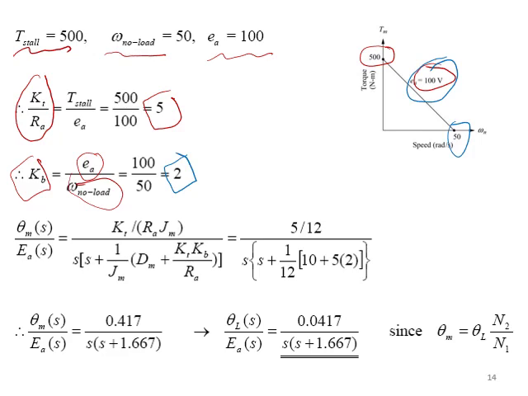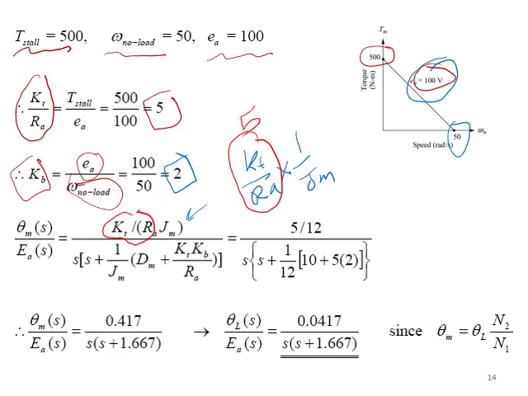So now we can substitute them in the equation. You are going to find that in the numerator is written Kt over Ra times 1 over Jm. So Kt over Ra, this part, is equal to 5.